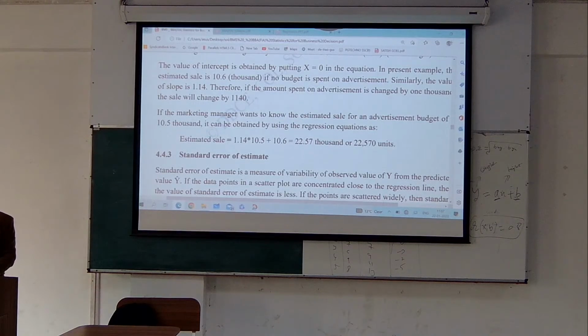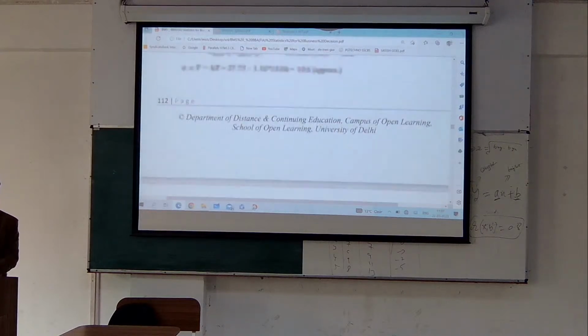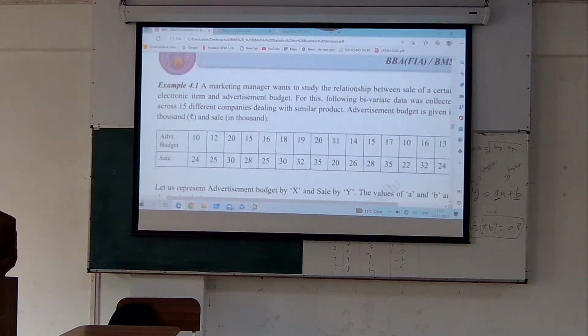This is simple linear regression because we are looking only at the effect of budget on sales. Sale is y, dependent on budget, but sale is not only dependent on budget. It may depend upon price also, it may depend upon quality also, it may depend upon the income of the persons who are buying, it may depend upon the location, and upon the education level of the persons who are buying.